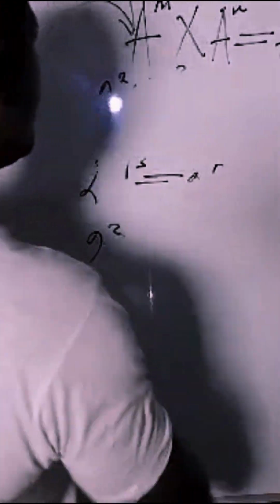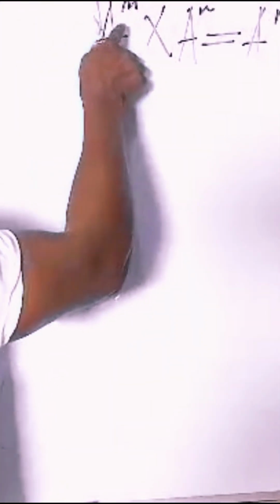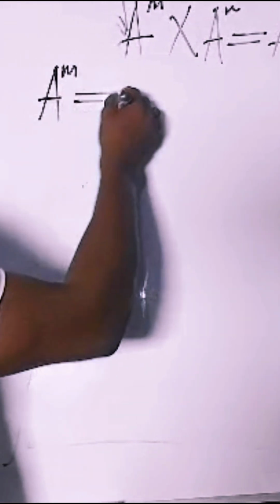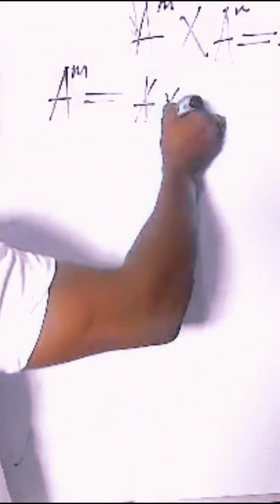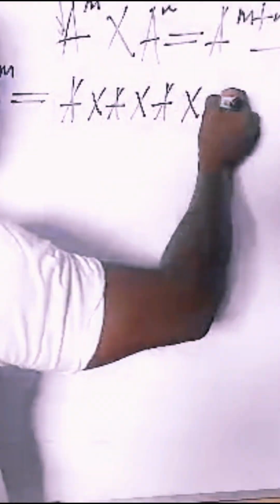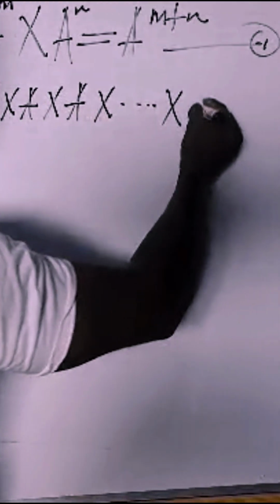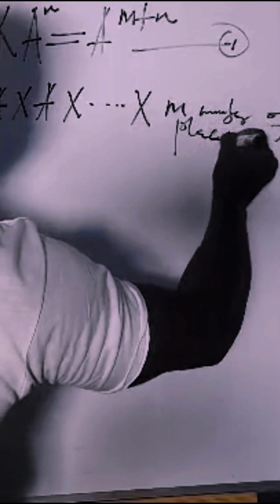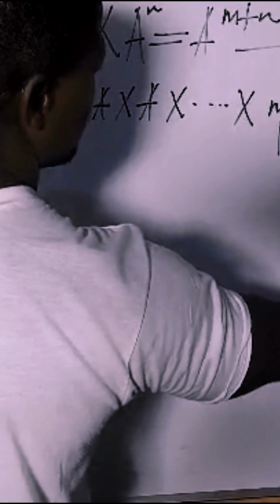We want to prove that indeed a raised by m times a raised by n is equal to a raised by m plus n. So in this case, we know that a raised by m is as good as a times a times a and so on, times m number of places or factors.